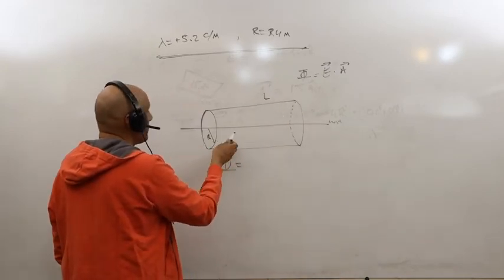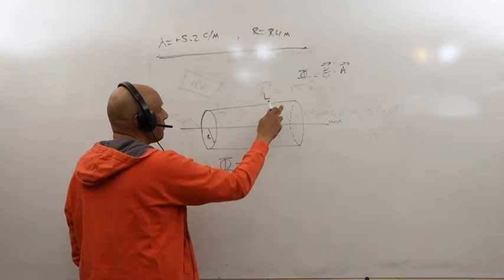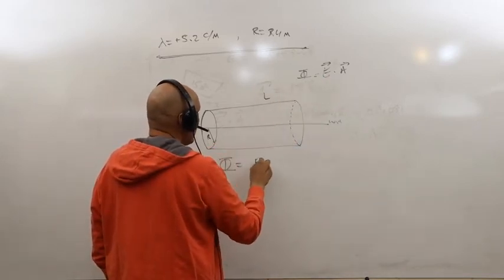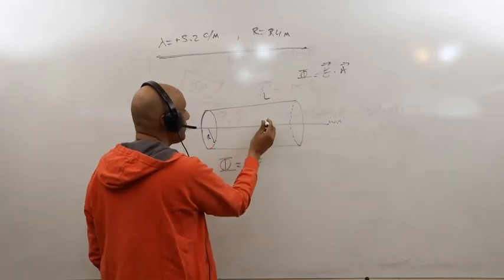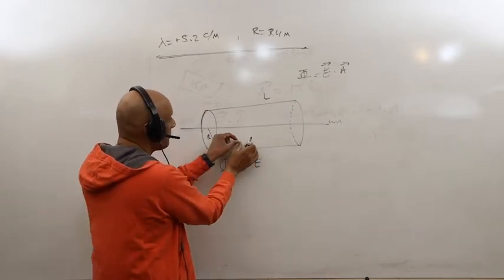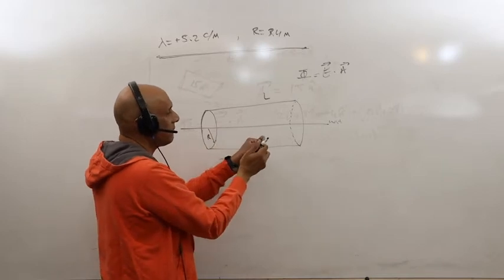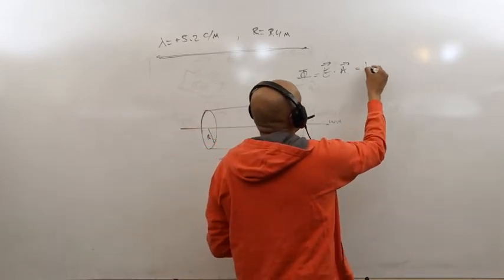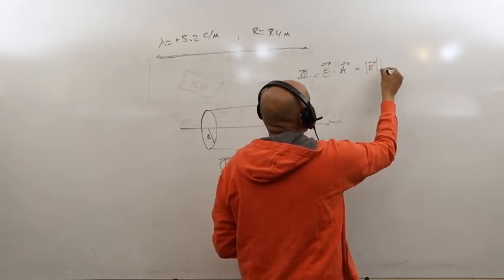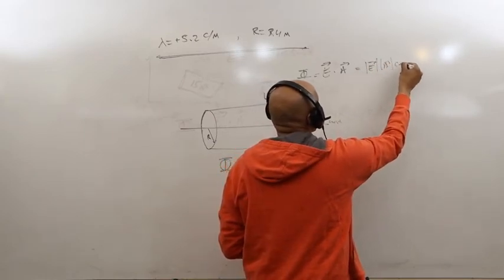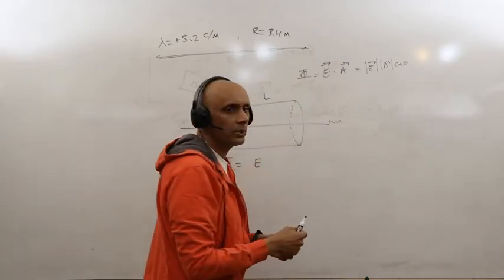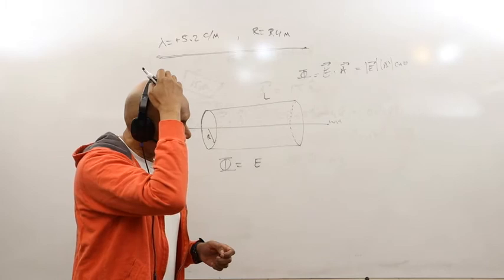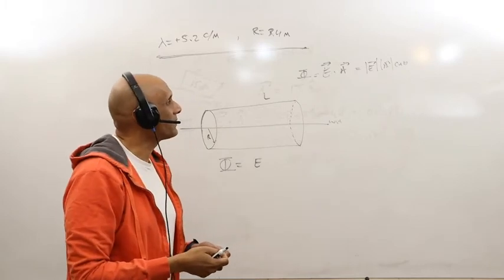So the electric flux, by mathematical definition, is equal to the electric field E dot A. But the electric field and the area vector of every element on that surface are in the same direction. So the dot product is the magnitude of E times the magnitude of A times cosine of theta. The angle between them is, I'm sorry, theta is 0 degrees, and cosine of 0 is equal to 1.